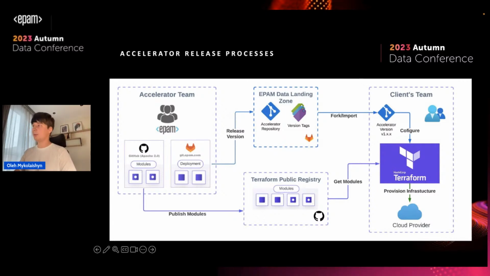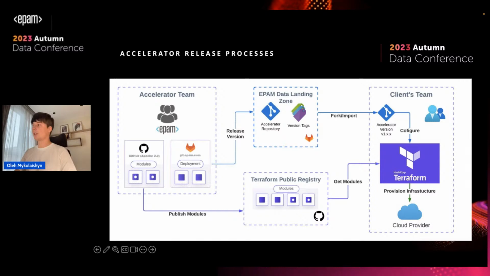If you want to contribute to our organization, for example, you want to host some Terraform module, feel free to contact me. To obtain a version of the Accelerator and try to use it by yourself, you could request access to the repository with Accelerator releases. That's the one that is in GitLab and that is EPAM owned.